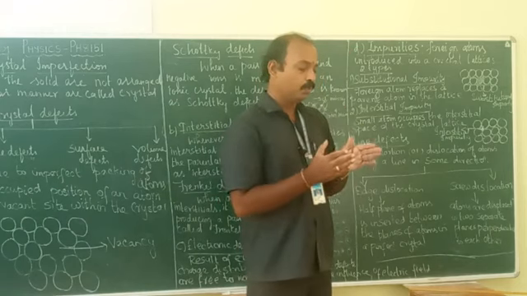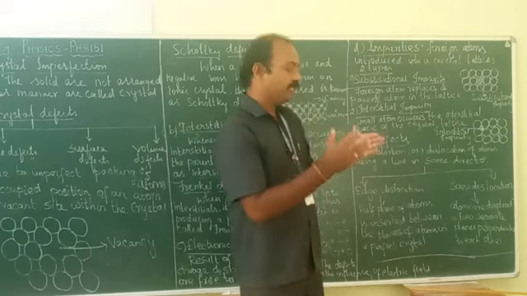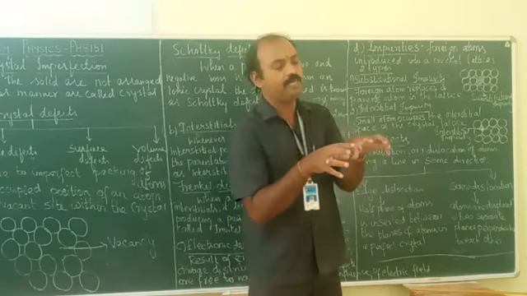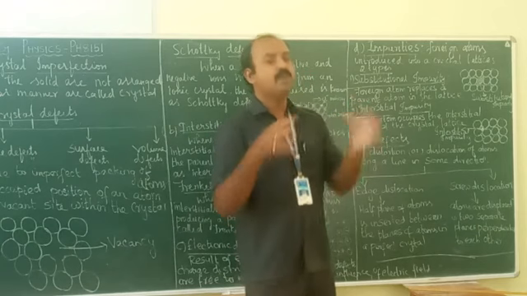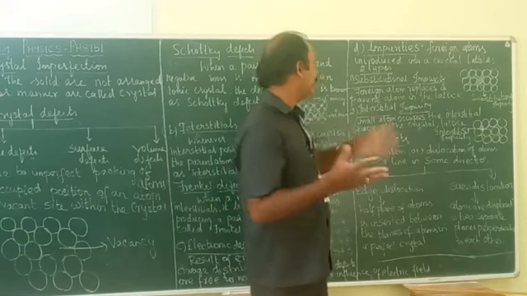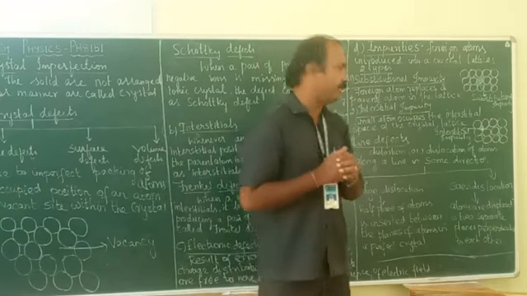In order to replace, the already existing original atom goes out of the particular place, and that place is occupied by the foreign atom. That means the impurity, the substitutional impurity, is substituted into the particular point.